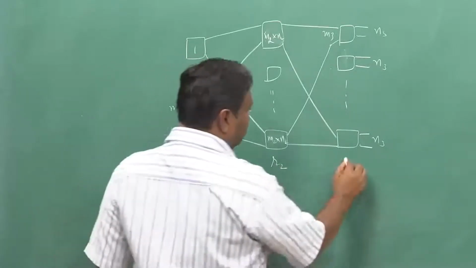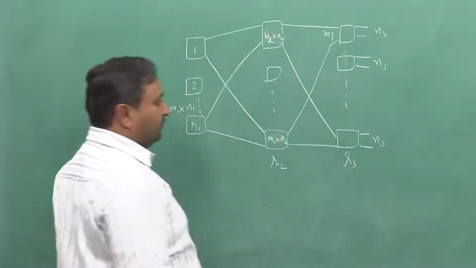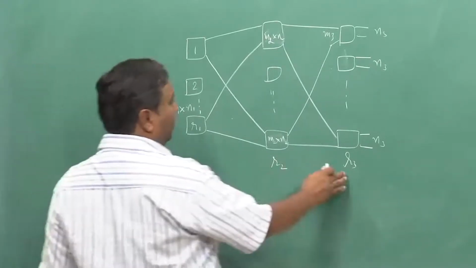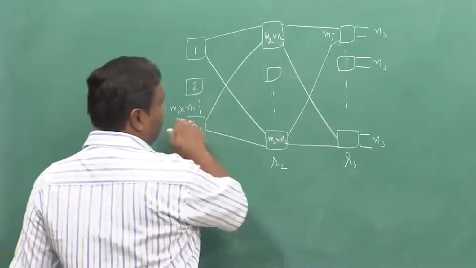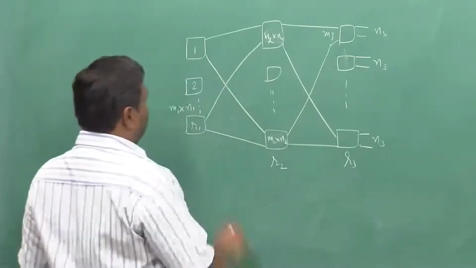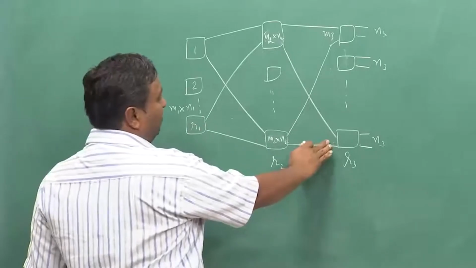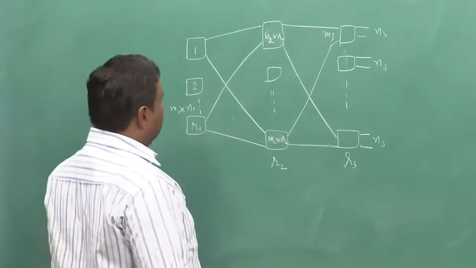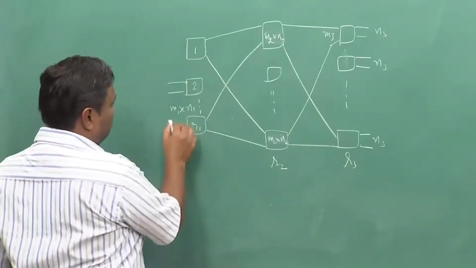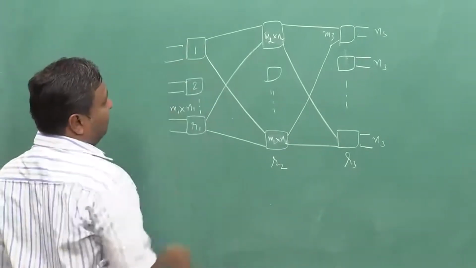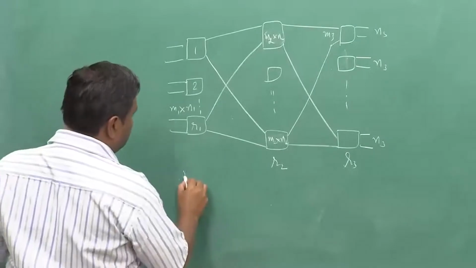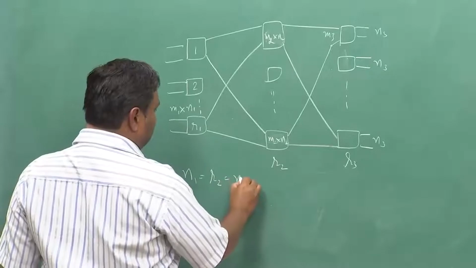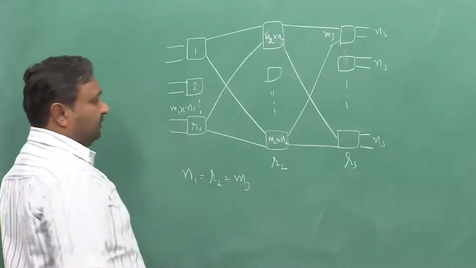So, in total there will be R3 switches here, and when it is a symmetric situation, R1 should be equal to R3, M1 should be equal to N3 and N1 should be equal to M3. Of course, we had also written down, by looking at the drawing, that N1 should be equal to R2 should be equal to M3.